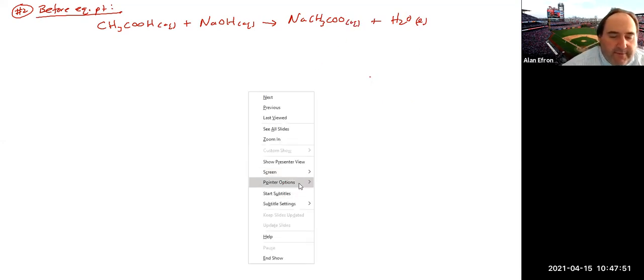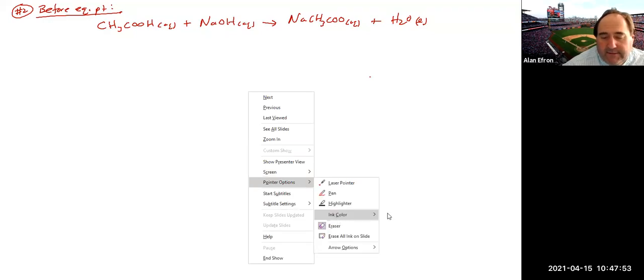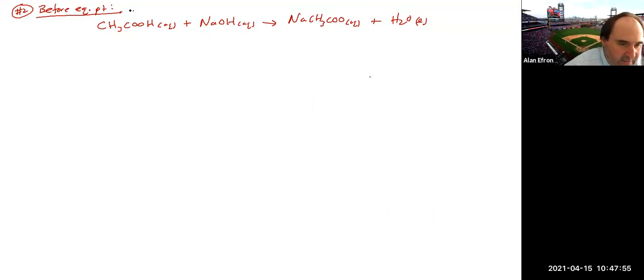Okay, so it's important to remember, this is what we started with. This is what we're adding. So remember that before we're at the equivalence point, whatever we're adding needs to be less than what we started with.